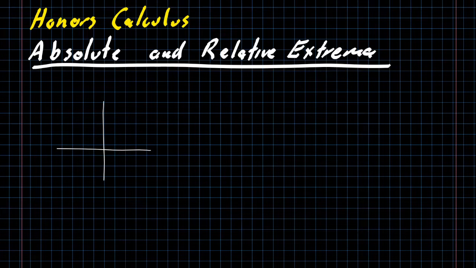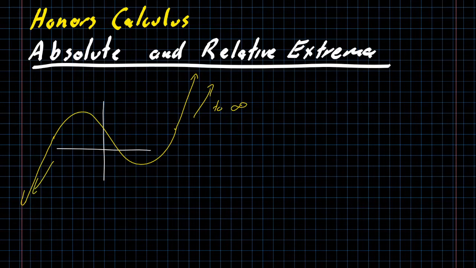If I look at an arbitrary function, like say this cubic function, we know that if I continue this path out, the function will continue indefinitely. As x goes to infinity, this particular curve is drawn to go to infinity. As x goes to negative infinity, this particular curve is drawn to go to negative infinity.